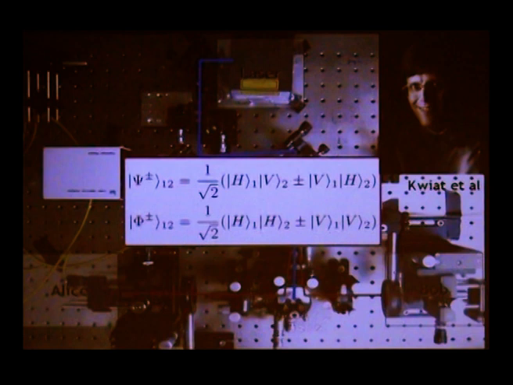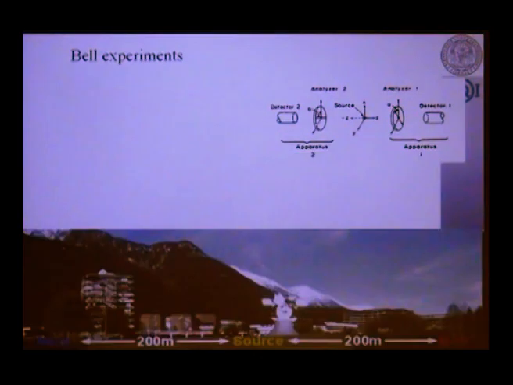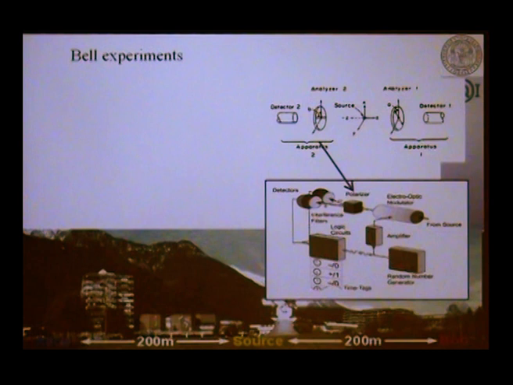Now, there's a long history of experiments confirming to a better and better precision the predictions of these correlations, and ruling more and more out a local realistic viewpoint. I will say more about this. This was an experiment which we did many years ago in Innsbruck, but this is historic.